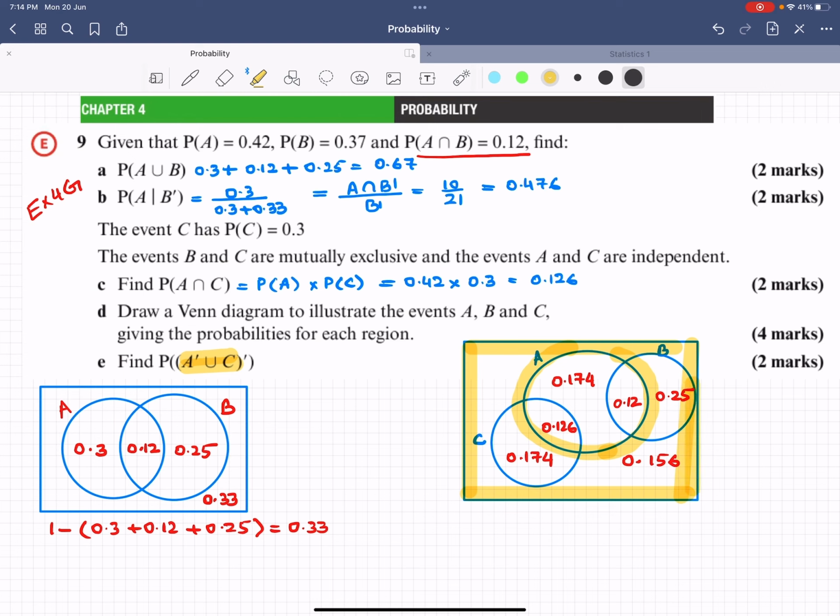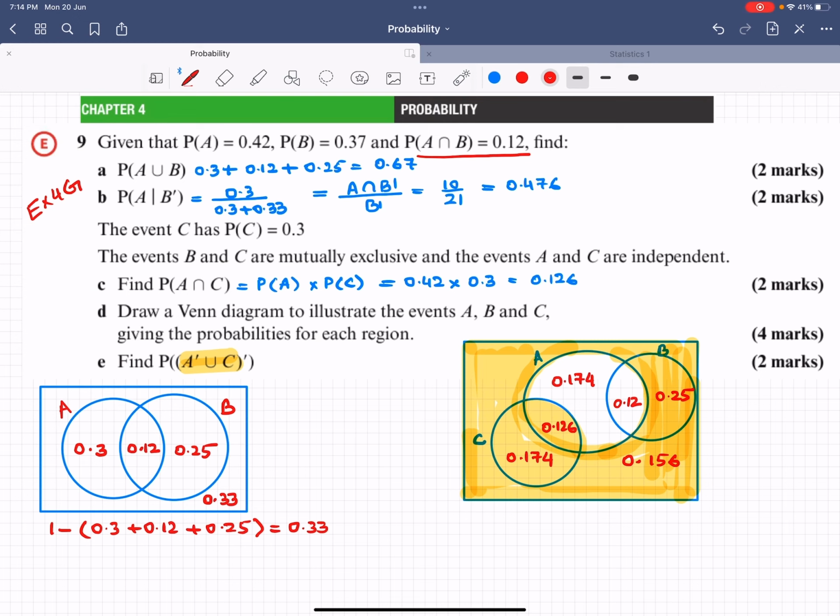I'm highlighting it so that it is well visible. So this is A complement. And we have to take union of this with the circle C. A portion of the circle C is already highlighted when we have taken A complement. Now we have to take C also. So we will highlight this region. So that is A complement union C.